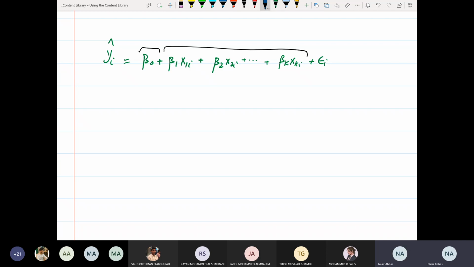So the hypothesis testing here is not simple. You may be interested in testing one variable, and now I'm ignoring the intercept and only talking about the slopes.